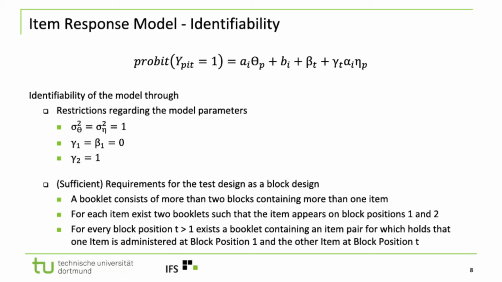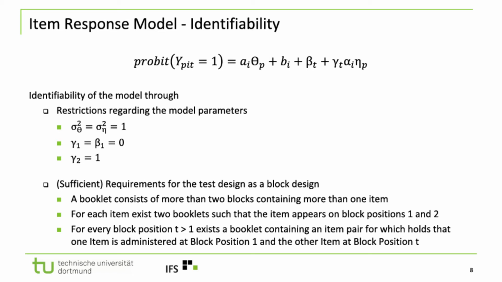Here we set gamma equal to 1. Thus, on the one hand, this position serves as a reference position for the gamma parameters. On the other hand, the variance explained by the factor eta on this position is reflected in the item-specific loading parameters alpha.